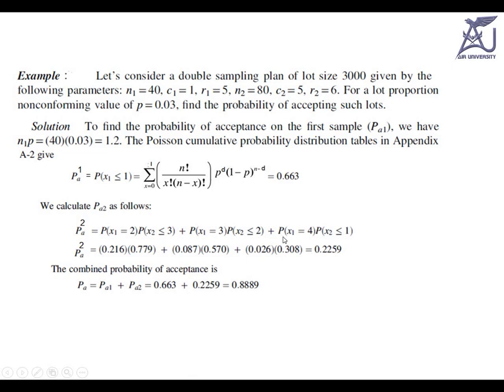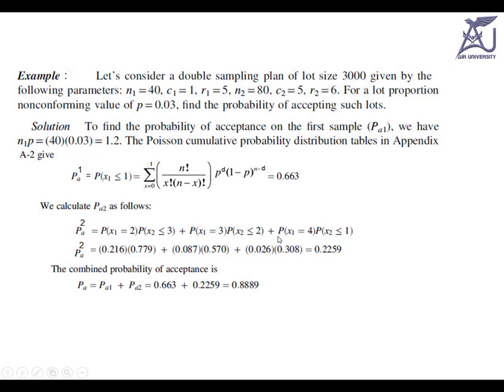So basically I have made some mistake over here. I have missed D1 equal to 3. So look at the probabilities. You will sum up the first one, second one, third one, and the fourth one as well. So the total probability should be equal to 0.2259. So here is some mistake.